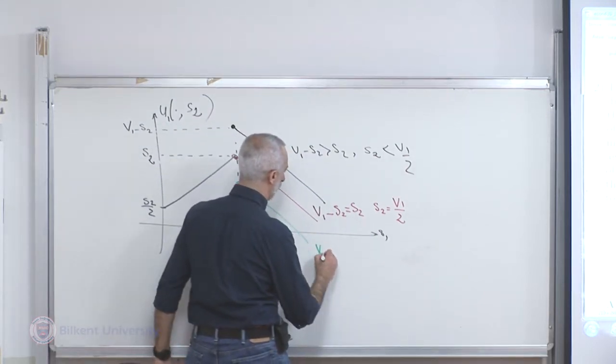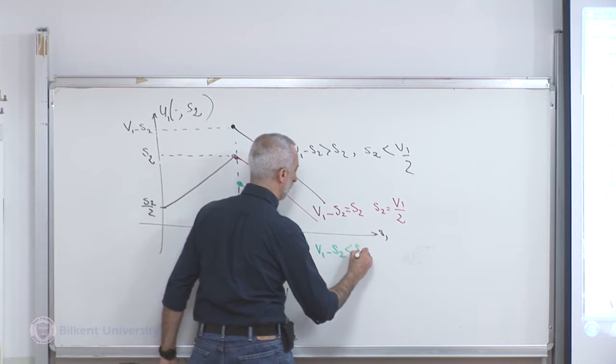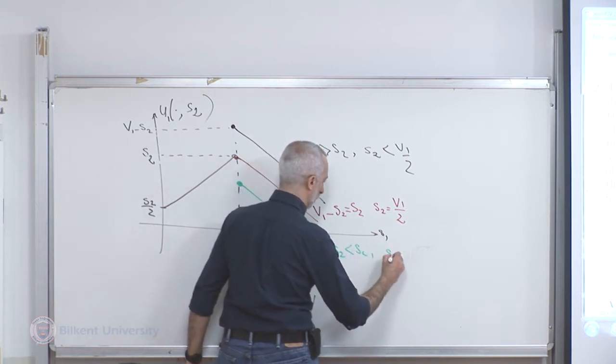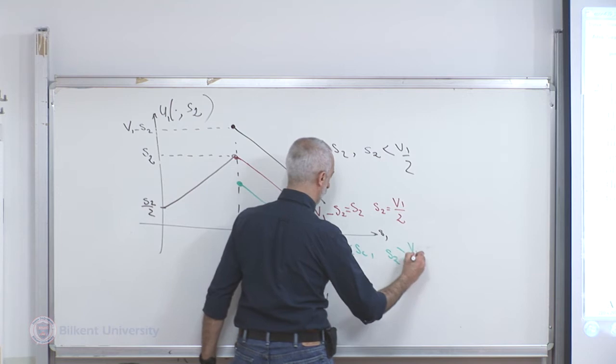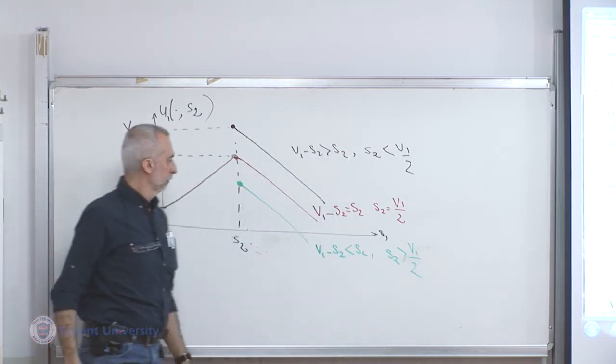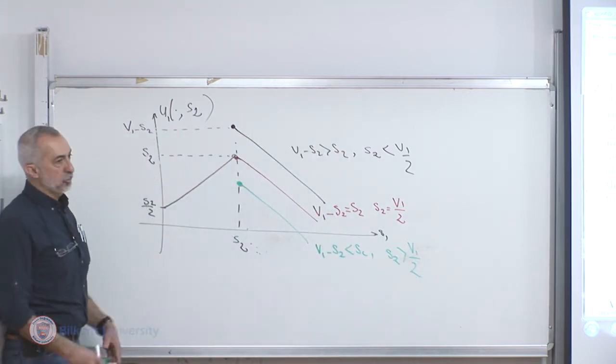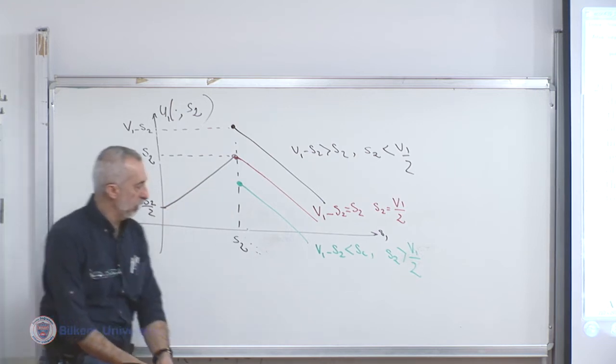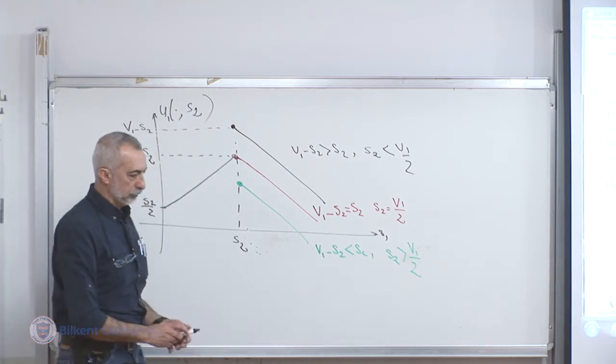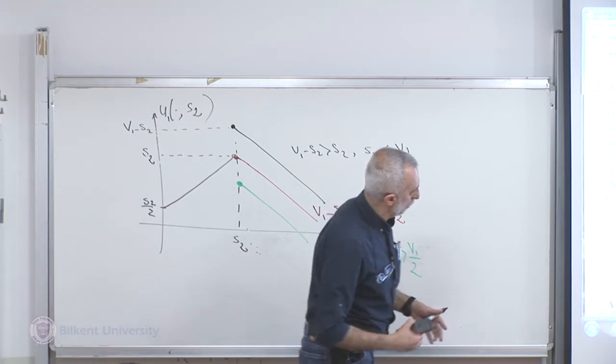And this is the case where V1 minus S2 is less than S2, or S2 is bigger than V1 over 2. So the rest is just inspect the picture. The picture gives you the answer. By the way, I'll put this away.